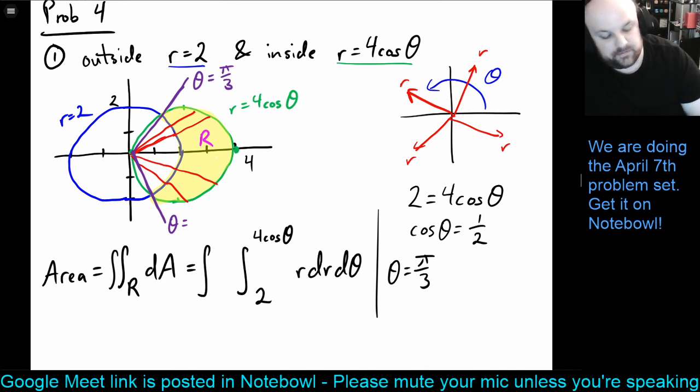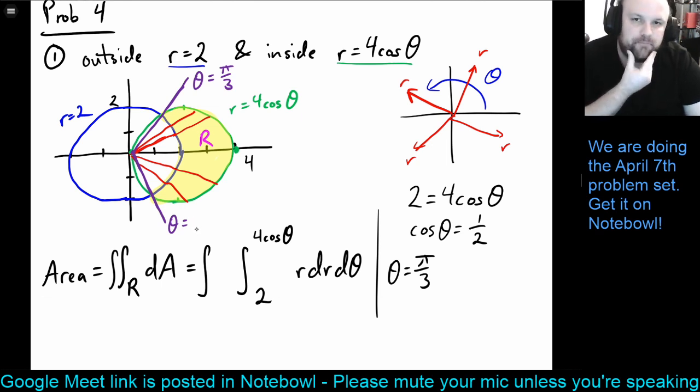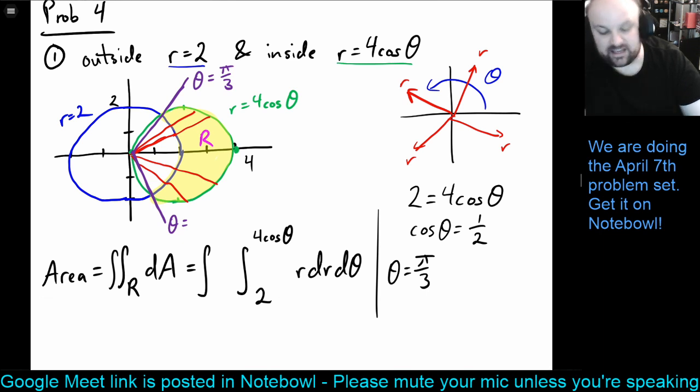Now, another value is 5 pi over 3, and that matches up with this here. But 5 pi over 3 is a little bit problematic to use, because if we integrate from 5 pi over 3 on the bottom to pi over 3 on the top, as far as the calculus goes, that's going to move in the clockwise direction, because it's going from a bigger number to a smaller number.